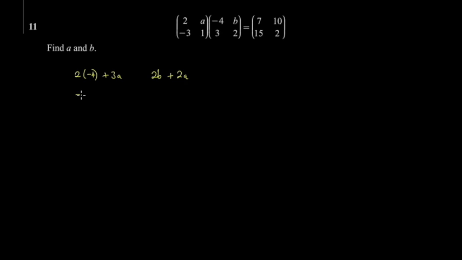Then you say negative 3 multiplied by negative 4 row column, okay, plus 1 multiplied by 3, this part. Then you say negative 3 multiplied by b plus 1 multiplied by 2, get this part. So you'll be having this equal to this, okay.